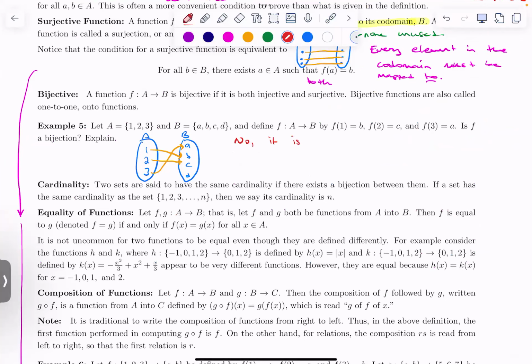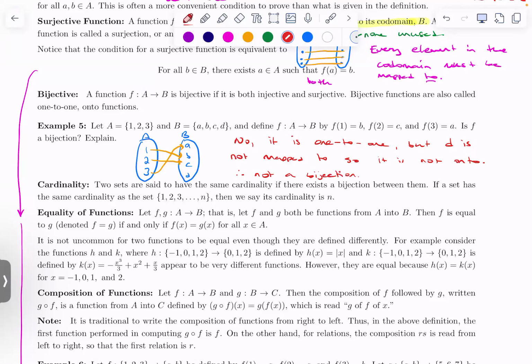It is 1-to-1, but D is not mapped to. So it is not onto. Therefore, not a bijection. Sneaky.